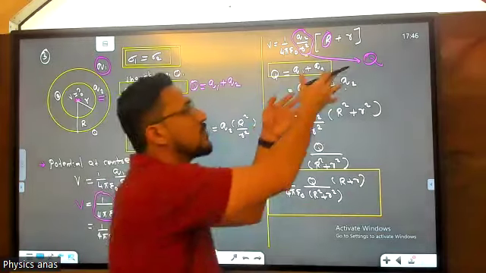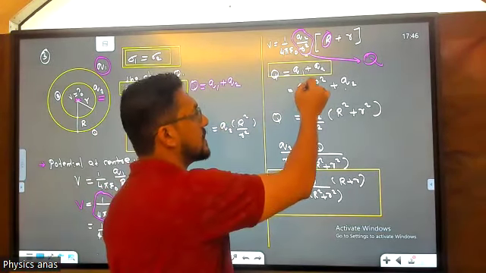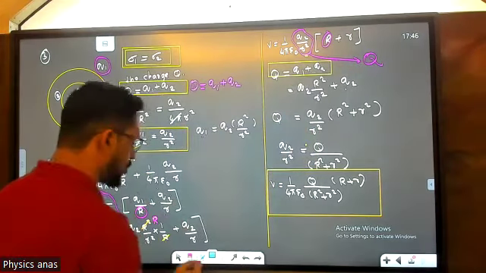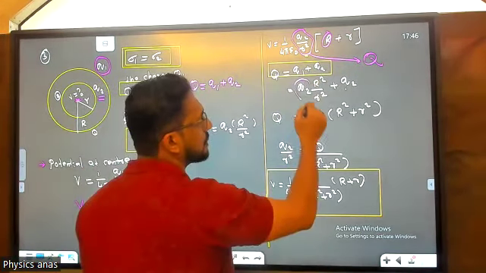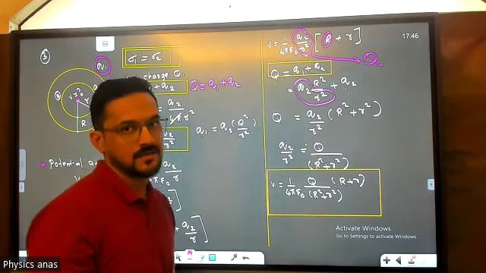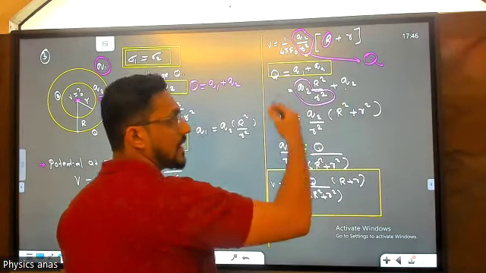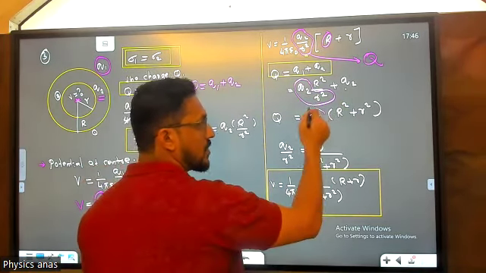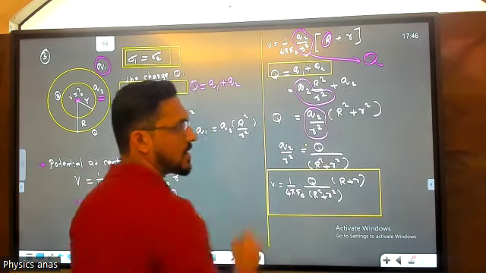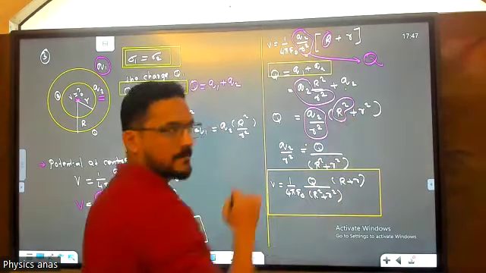Now you have only q2 there. Actually, q2 divided by r square is there. That's more convenient for us. So q2 by r square can be taken out. If you take out q2 by r square as a common term, you will be left with only r square here.